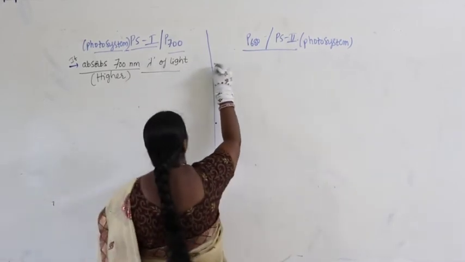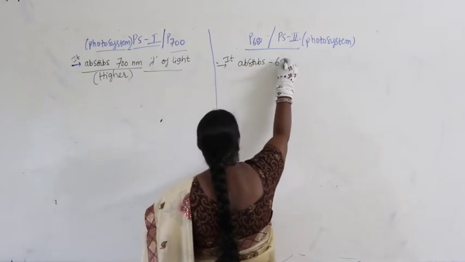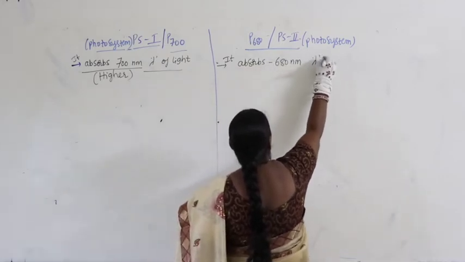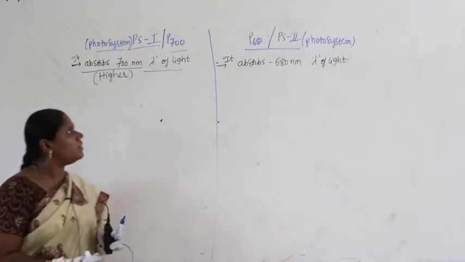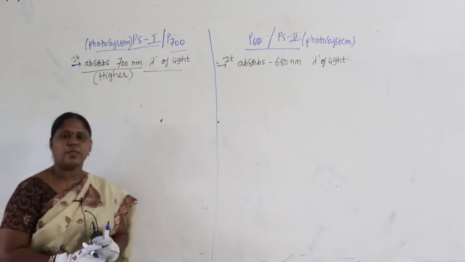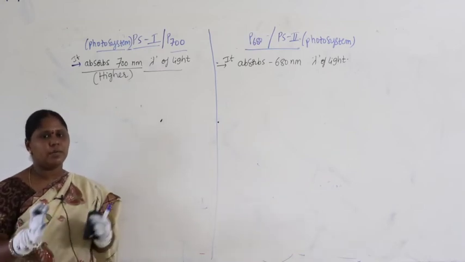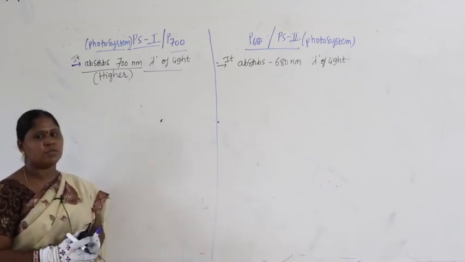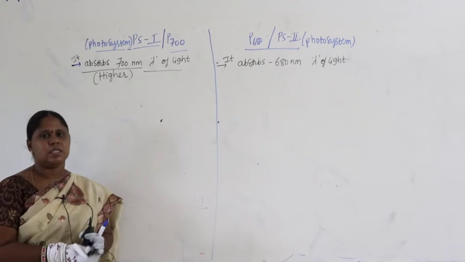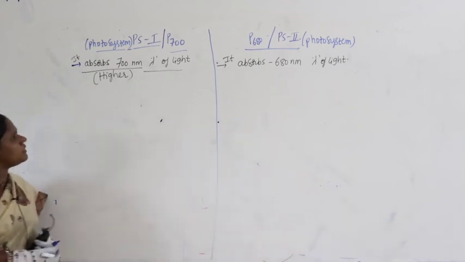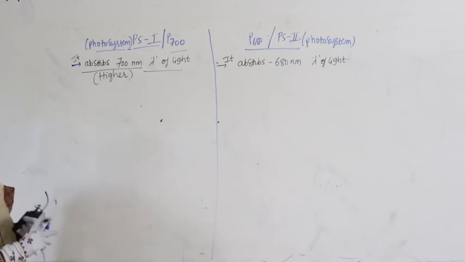Coming to photosystem 2, it absorbs 680 nanometers wavelength of light. Now look very clearly at the differences between photosystem 1 and 2. Now you know cyclic pathway totally, non-cyclic pathway totally. Keeping that in your mind, let us make clear differences between photosystem 1, that is P700, and photosystem 2, that is P680. In this case, as it absorbs higher wavelength of light and lower wavelength of light.